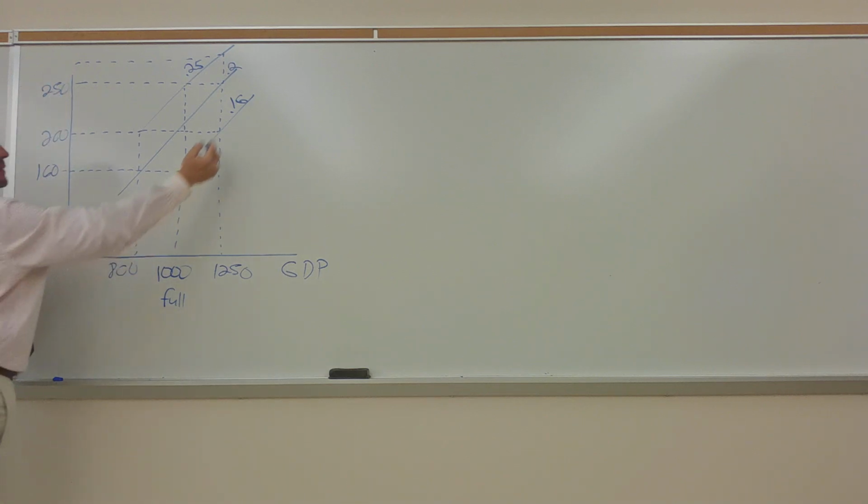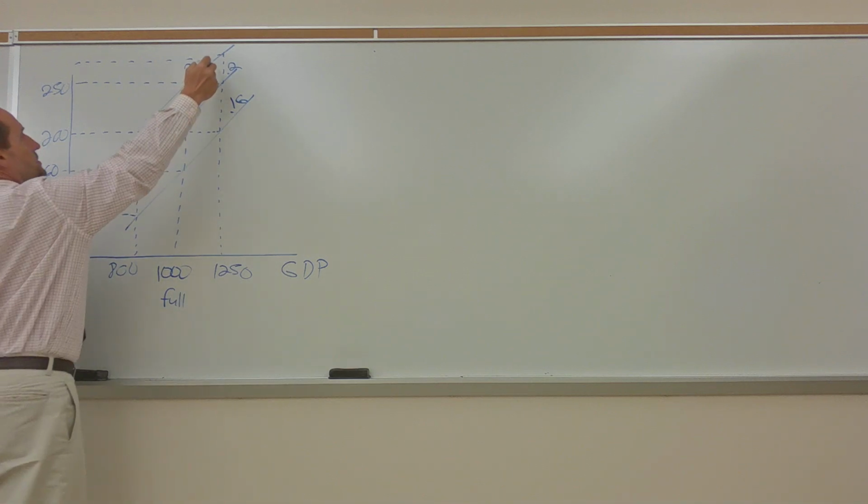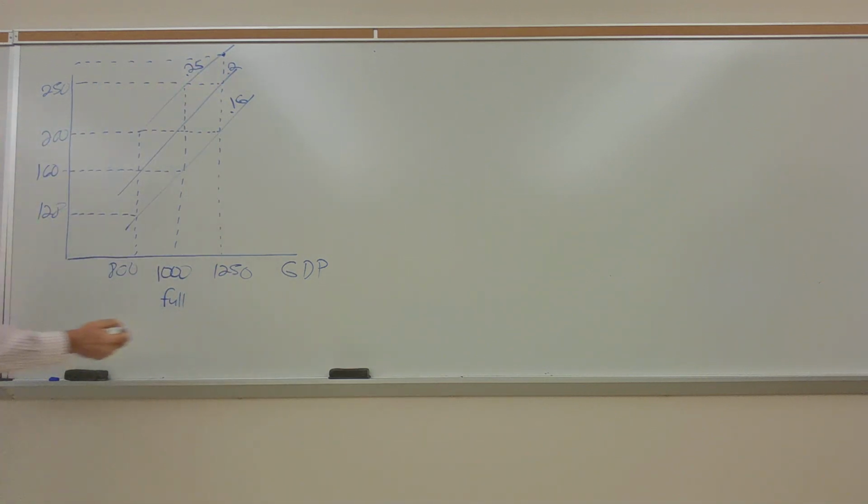All right, here, 16% of 800, or I just say in my brain, 80% of 160 is 128. And up here, this is saying what? This is saying 25% of 1,250. 25% of 1,250 is 312 and a half, 312.5. So this is public money.